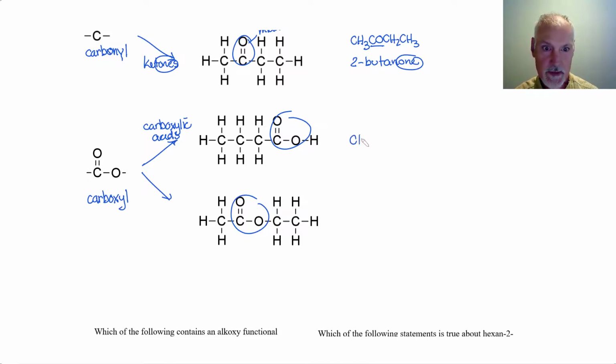This one would be written this way: CH3, CH2, CH2, and then COOH. That's what I look for. And in terms of naming this particular molecule, I would call this one butanoic acid. So what I'm looking for in a name is this oic acid as the key.